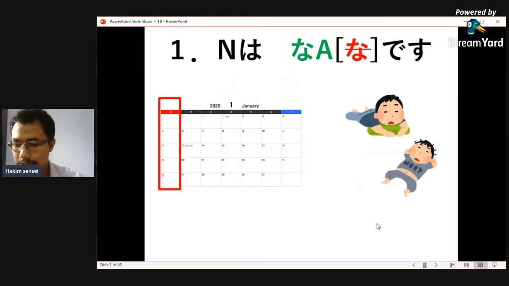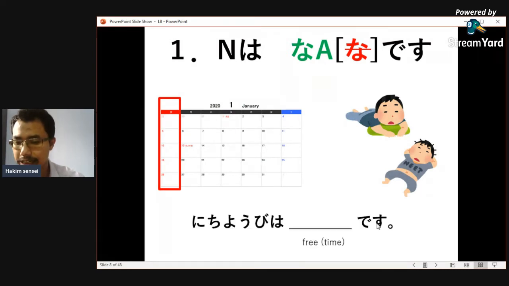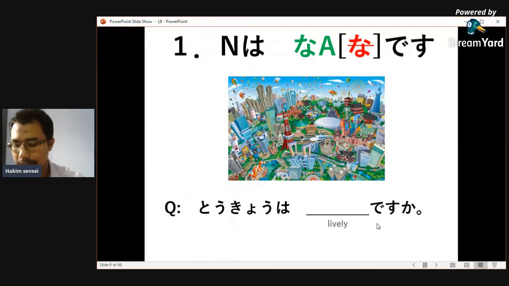For another example, if you want to say you are free on Sunday, nichiyoubi wa hima desu. No need to put na in between. Same case if you are asking a question. Asking a question uses desu ka, and this is considered a sentence finisher as well. So if you want to say Tokyo wa nigiyaka desu ka, no need to put na in between, even though the original word is nigiyaka na.